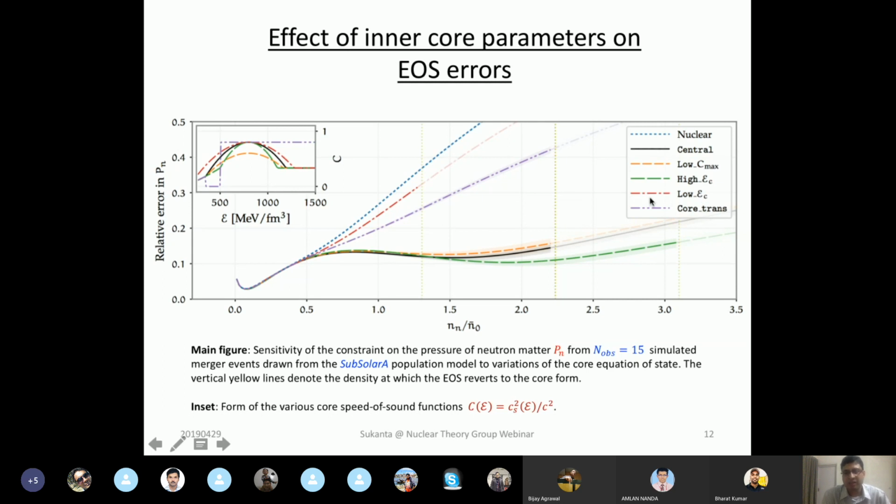And remember, that is where we have greatest influence on the tidal deformability parameter. That influence goes away, and that is why these errors are large. In other cases, that influence is greater, and so we are able to measure lambda more accurately, and therefore the pressure density curve is also measured more accurately.